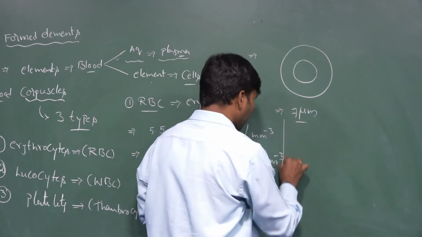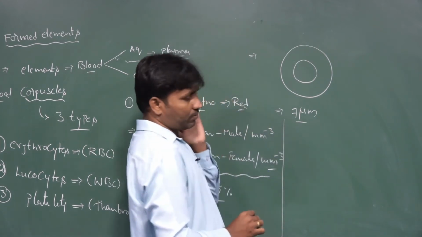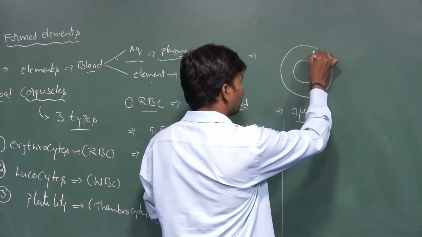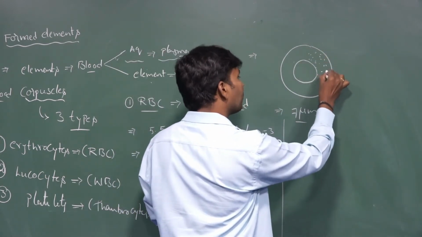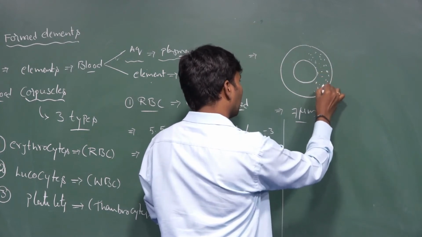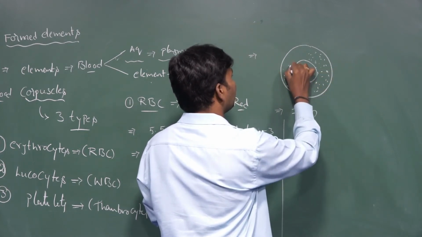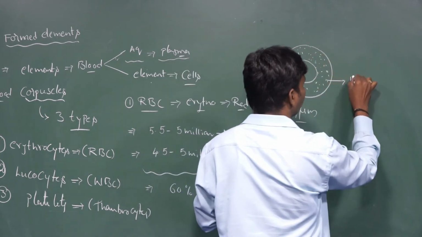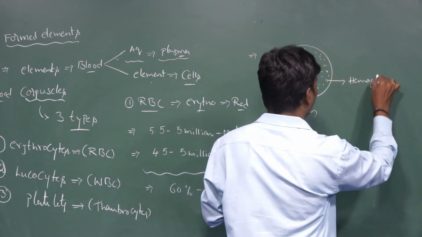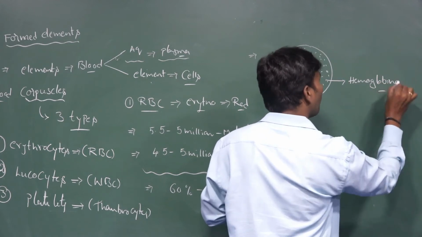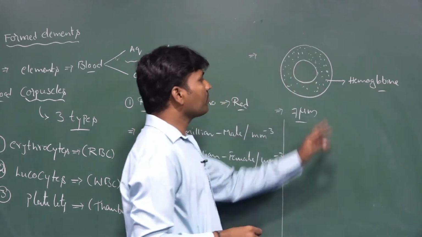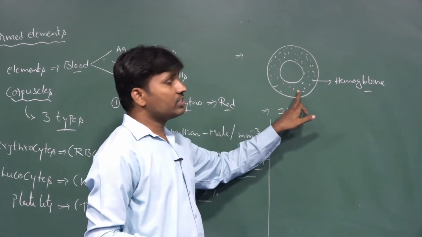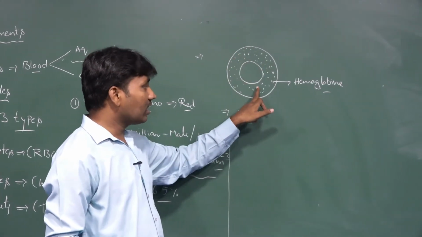In the cell structure of the RBC, in the cytoplasm of the RBC, a pigment called hemoglobin is dissolved. Because hemoglobin is dissolved in the cytoplasm, the RBC cells become red in color.